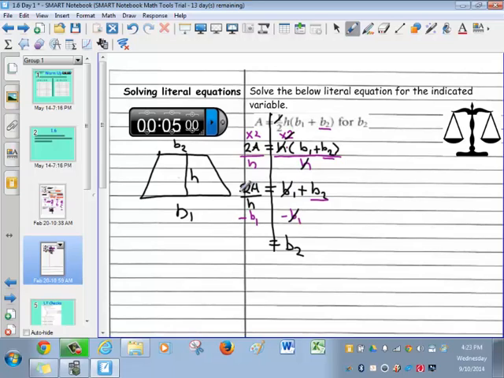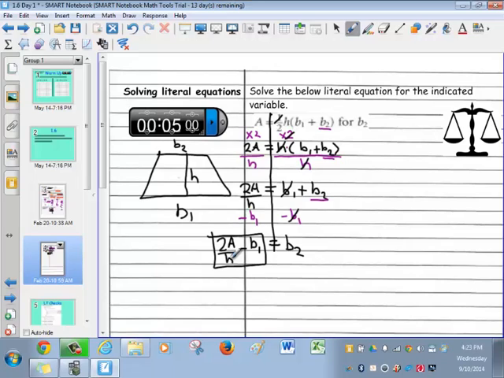On this side, I got the same thing, 2 capital A over h, minus b sub 1. So there is my new literal equation, which tells me what b sub 2 is in terms of b sub 1, the area of the trapezoid, and the height of that trapezoid.